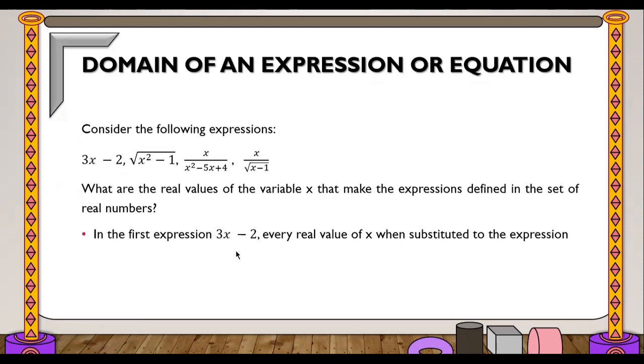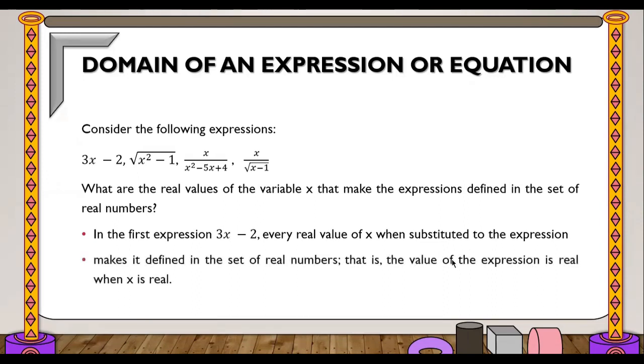By observing the given expression, every real value of x when substituted to the expression makes it defined in the set of real numbers. That is, the value of the expression is real when x is real. Di ba? Kapag naglagay lang naman tayo ng value ng x, which is the set of real numbers, for sure, magiging result lang nitong expression na ito also real.